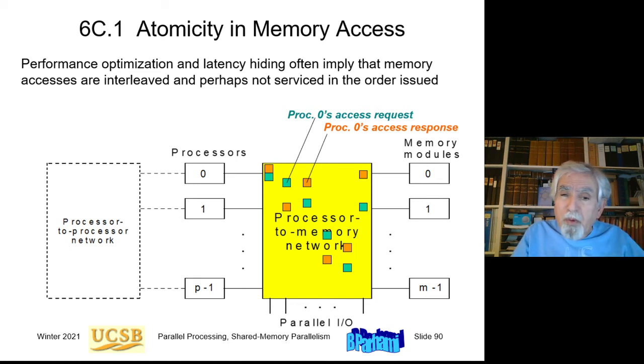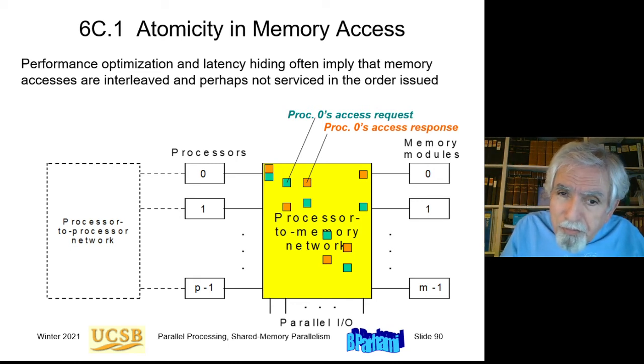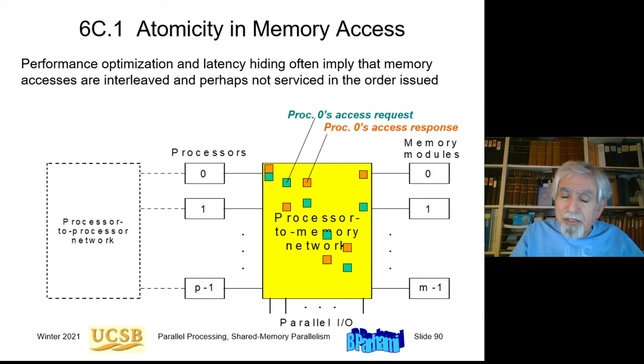So we have to be aware of this and develop a program so that either it is insensitive to that out of order delivery of requested results, or each of these accesses carries a timestamp with it, and if they arrive out of order, we know that they are out of order and act appropriately.